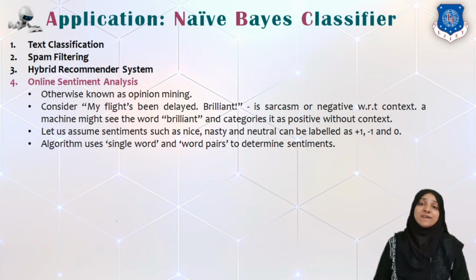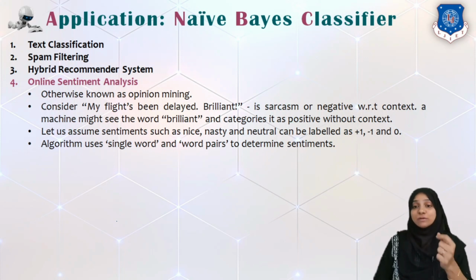For example, when I say "my flight has been delayed, brilliant," and that brilliant is sarcastic, it is not a good brilliant. So the system must be powerful enough to categorize this as a negative sentiment.